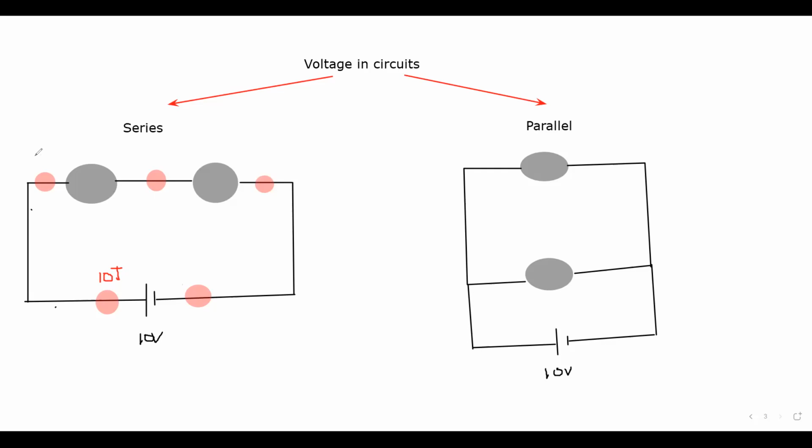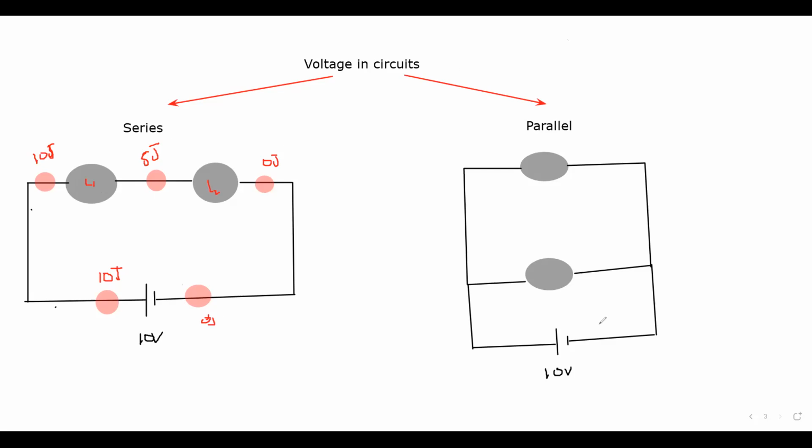So before entering, it is having 10 joules of energy, but after passing through lamp 1 it is left with 5, and after passing through lamp 2 it has 0 joules of energy to transfer. So what is the potential difference across lamp 1?